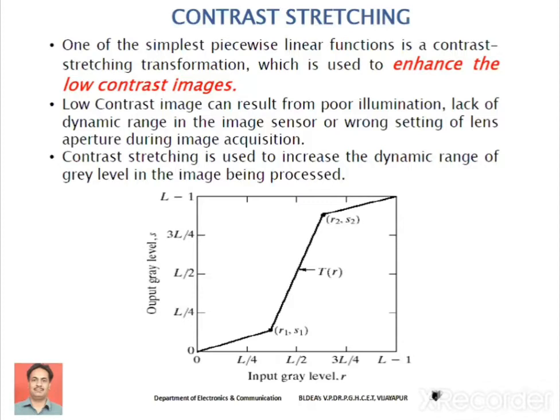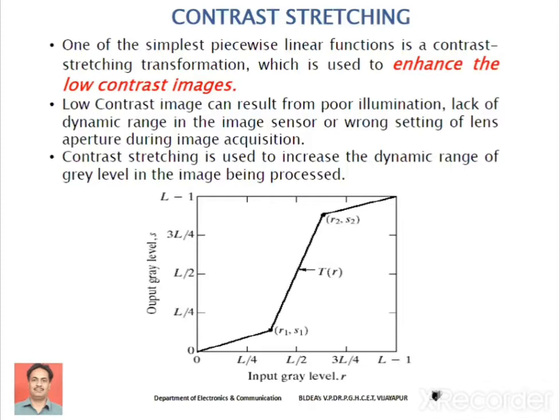These are some of the reasons which cause low contrast images. These can be enhanced by contrast stretching, which is used to increase the dynamic range of gray levels in the image.